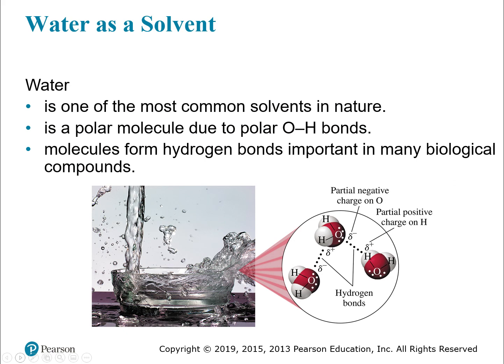Let's talk about water as a solvent. Water is called the universal solvent. It's very, very common in nature. Water is a polar molecule, if you remember your chapter 6 stuff. It's got hydrogen bonds. This is water.